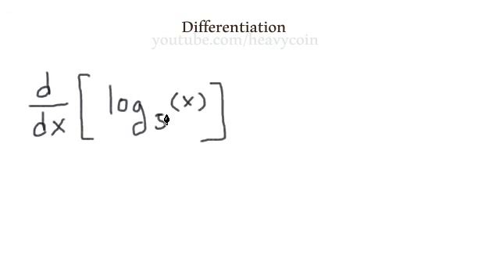Alright, this time the base is 5. But that's okay. We take the derivative of x, which is 1, and we rewrite x, right? Rewrite what's in parentheses, and this time we say the natural log of 5. So you see, whatever the base is right here, we just write the natural log of it right here. Okay, so that's the derivative.